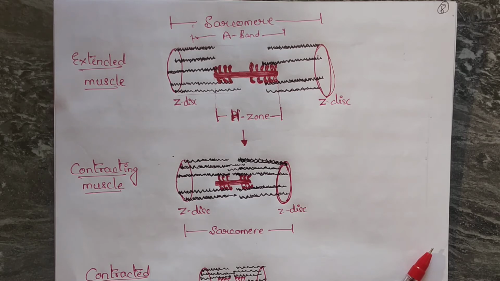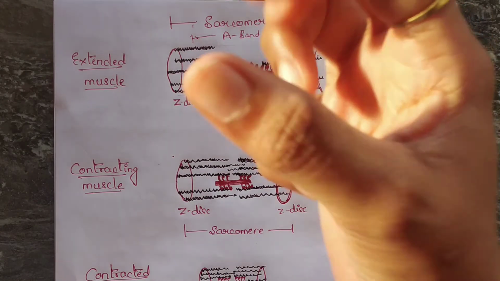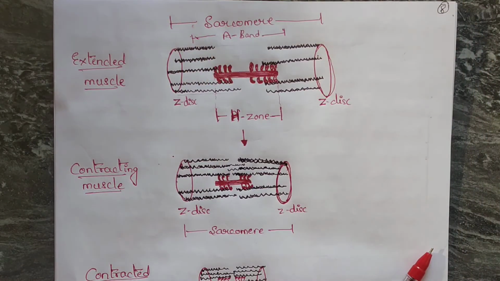We learned the basic things related to muscle contraction: the filaments, the sarcomere, and the internal or molecular organization of the muscle structure. So now we should know how this content helps in the contraction of the muscle.